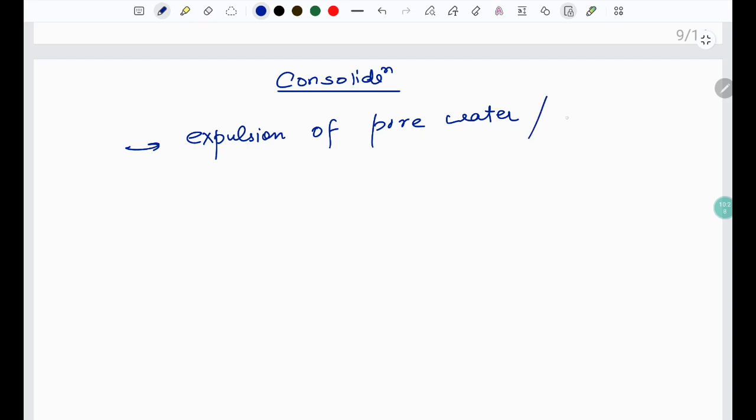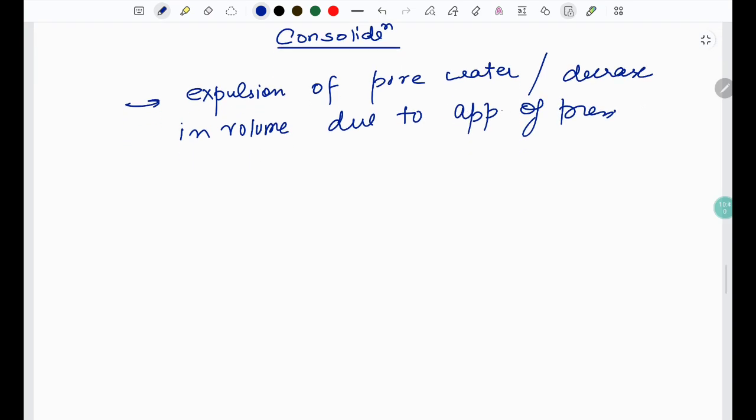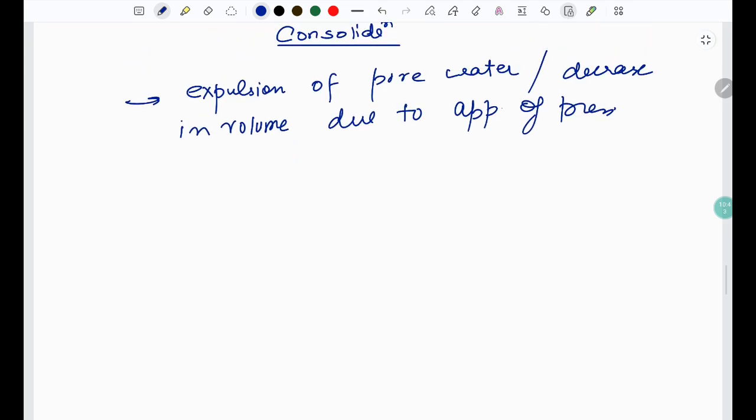or decrease in volume due to application of pressure, whereas in compaction we have decrease in volume due to expulsion of air.